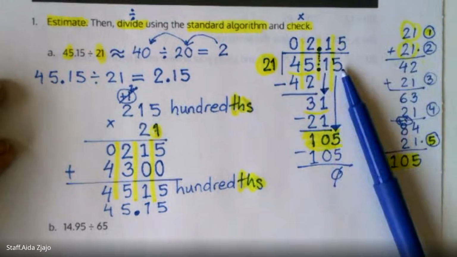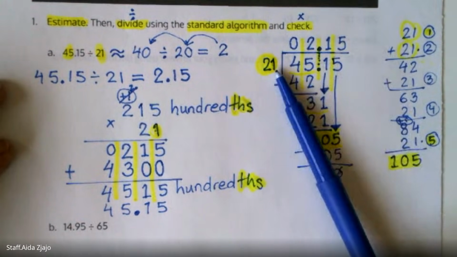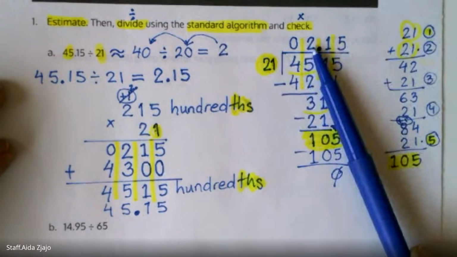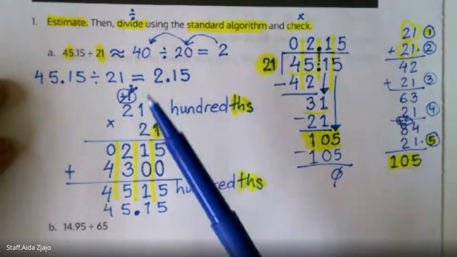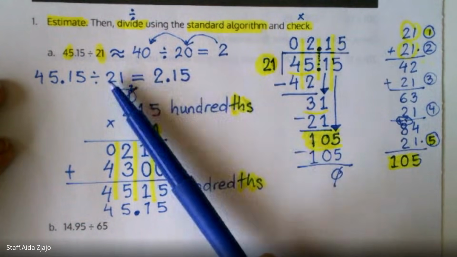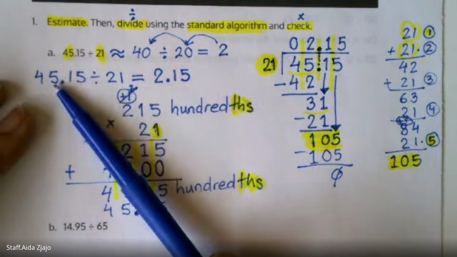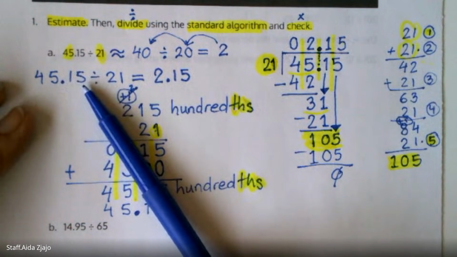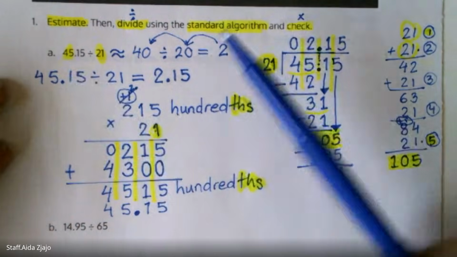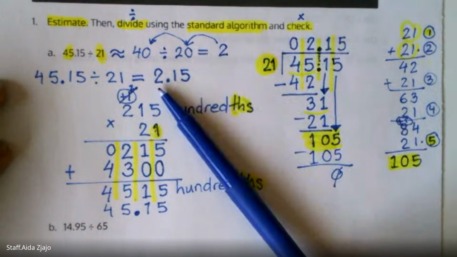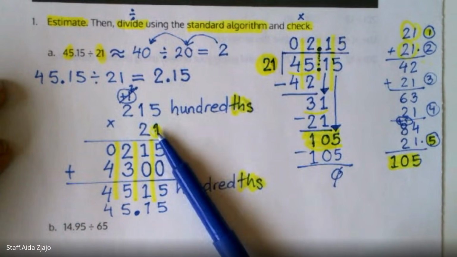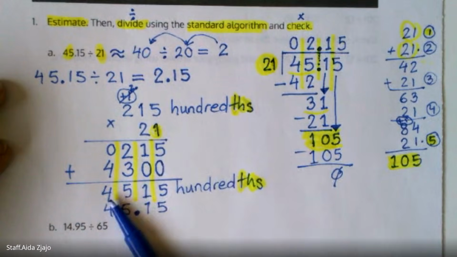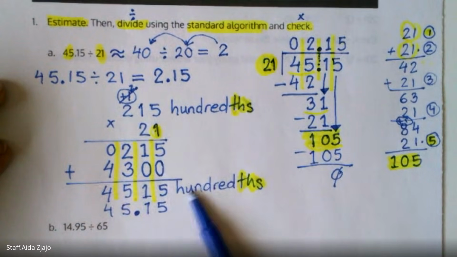45 and 15 hundredths divided into 21 groups. Each group will get 2 wholes and 15 hundredths. When you multiply 215 by 21, you will get 45 and 15 hundredths. You can think of $2.15 as 215 pennies times 21 will give you 4,515, but what?